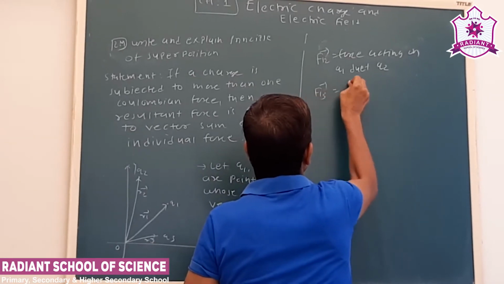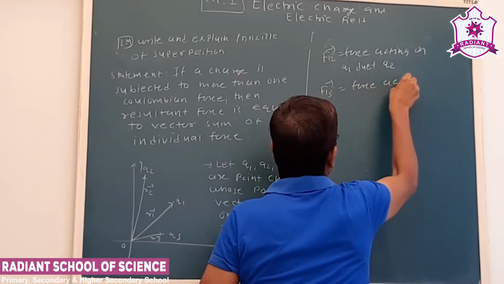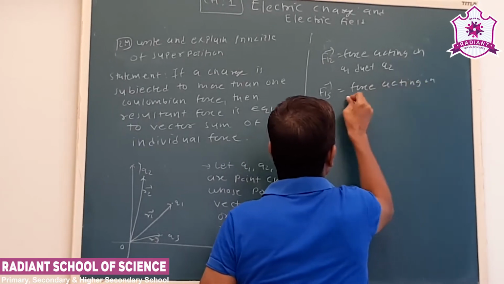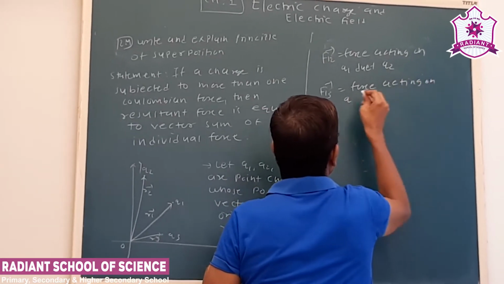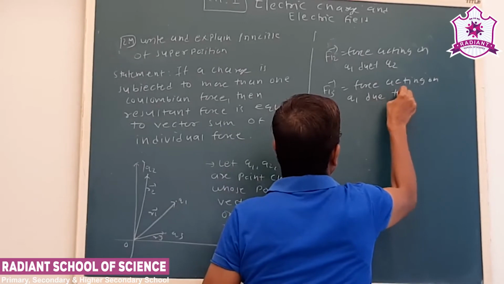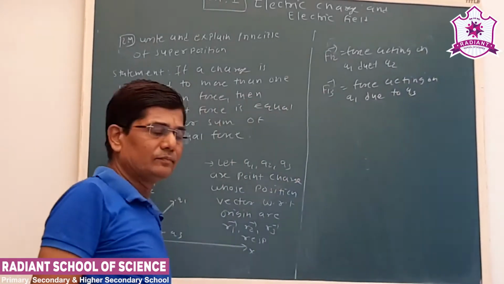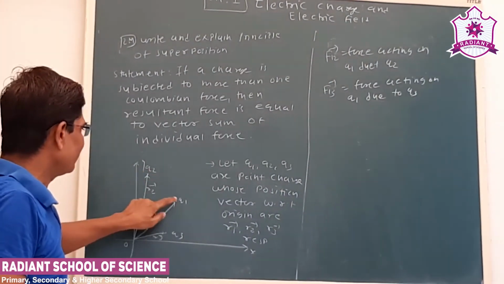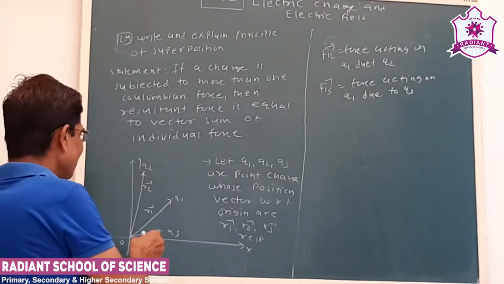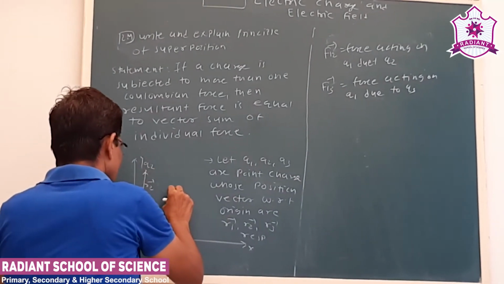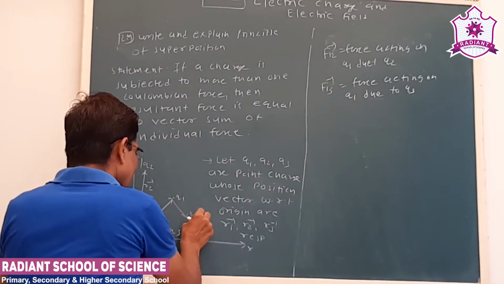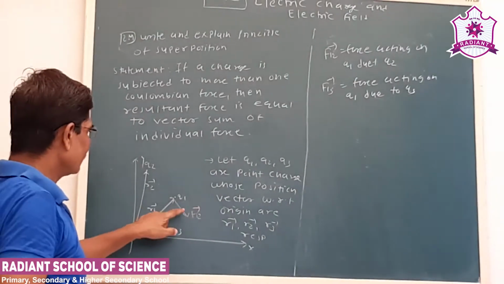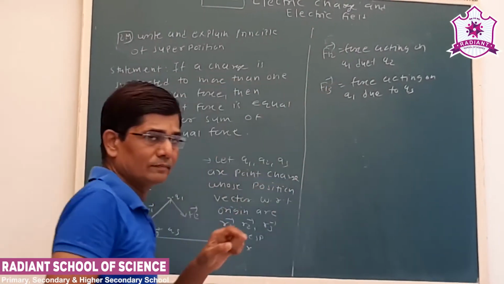F13 is a force acting on Q1. F12 is the force between Q1 and Q2, that is, the force acting on Q1 due to Q2.